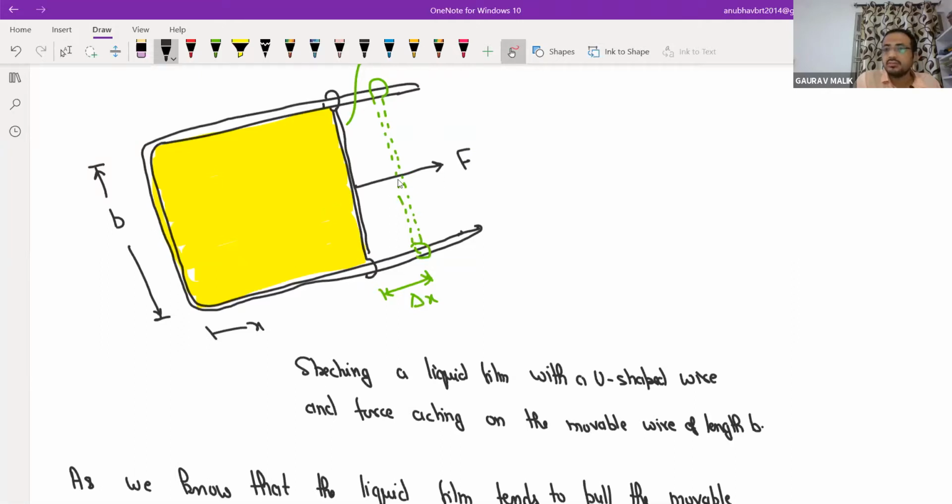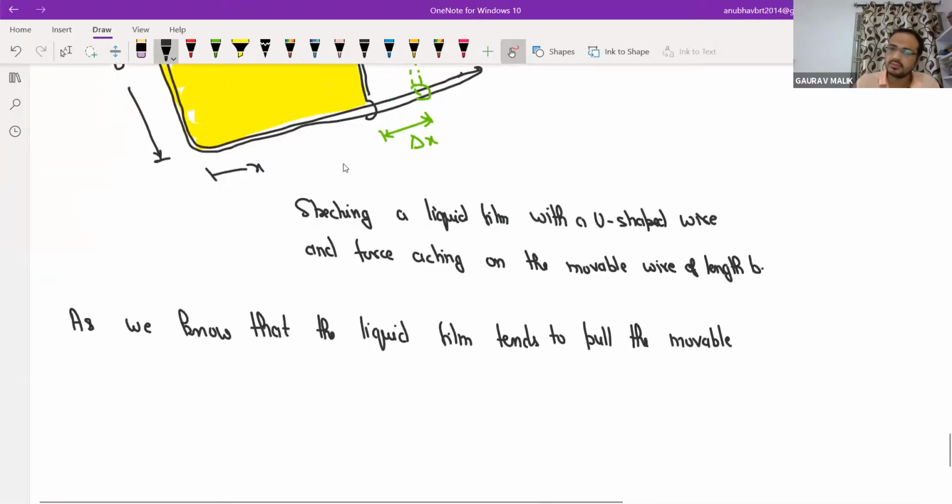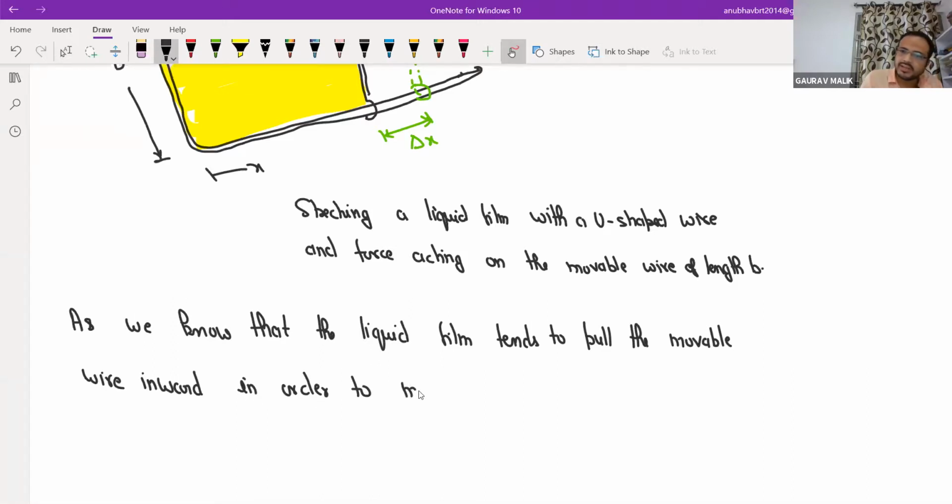So that's why we need to apply a force to maintain its position, because the film pulls the movable wire inward in order to minimize its surface area.